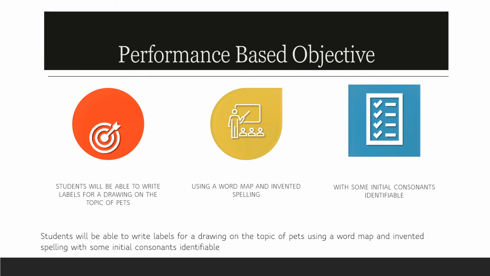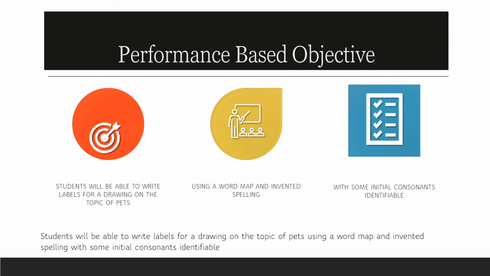Here's our performance-based objective. First part, what do we want them to be able to do? Students will be able to write labels for a drawing on the topic of pets. How are they going to do that? Using a word map and invented spelling. So I know that I've been using a word map with my students already. They know how to use that for support, and they know how to use some invented spelling. What am I looking for?